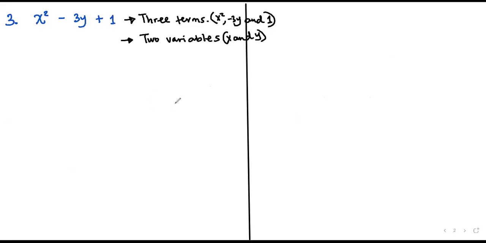Then also, here, we have got the coefficient of x. What is the coefficient of x?